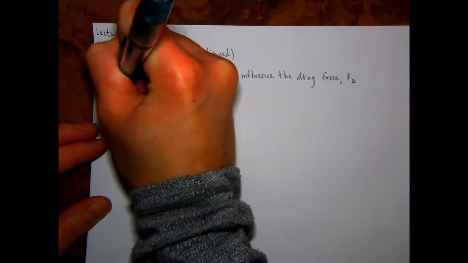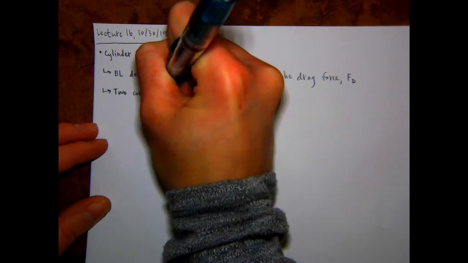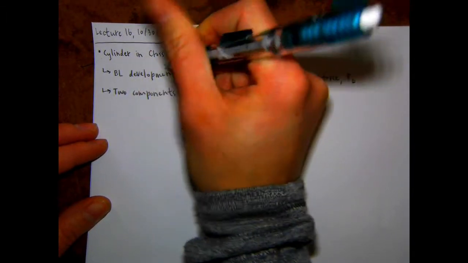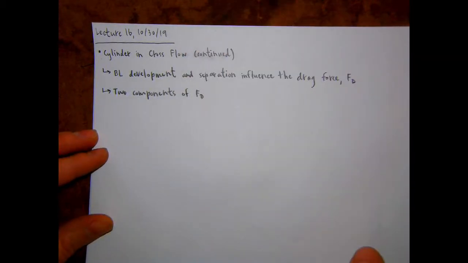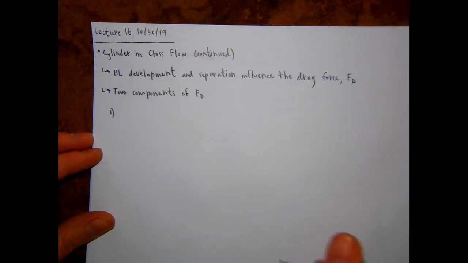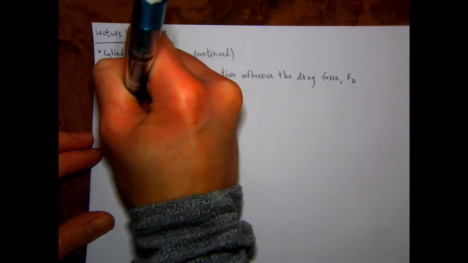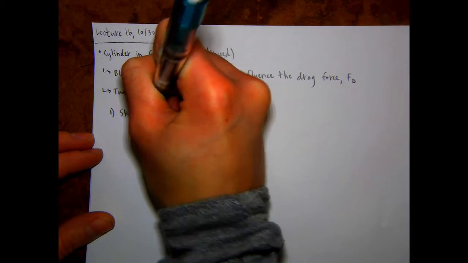So here, there are 2 components of F sub D, the drag force. The first component is the same as what we talked about before for flow over a flat plate.